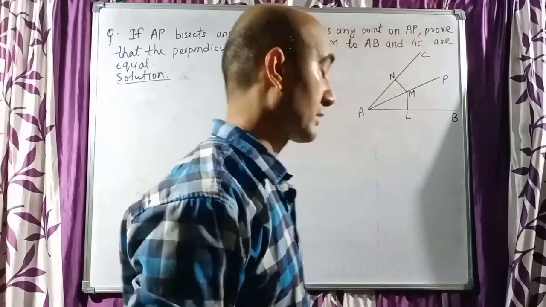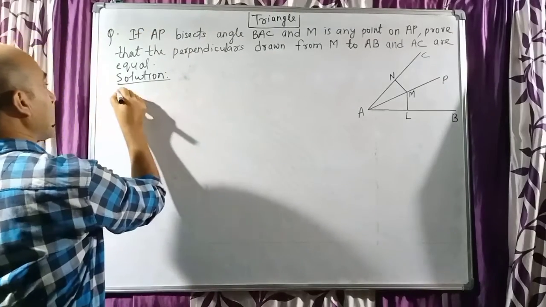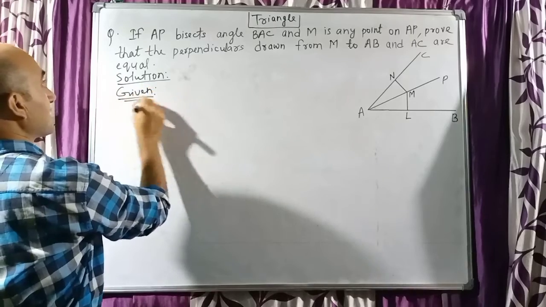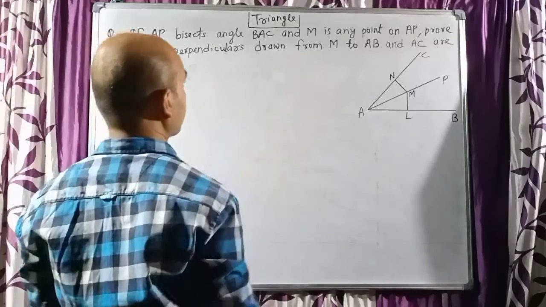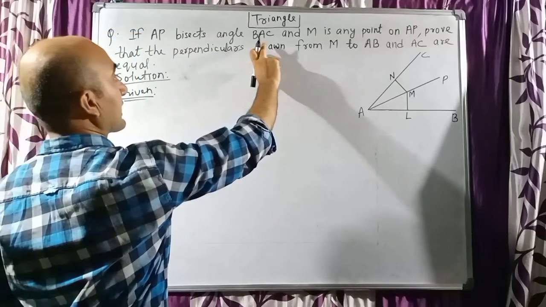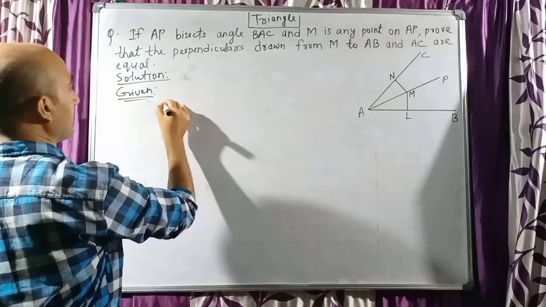Let us begin, children. In my solution, first I will write all the given things in the question. What is given? It is given that AP bisects angle BAC.